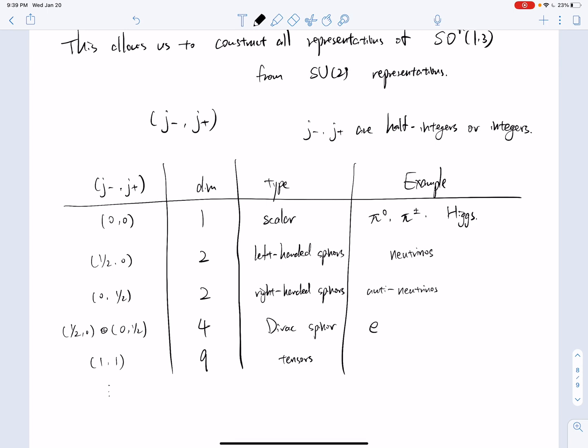We deal with them every day: electrons, positrons, protons, and neutrons are all Dirac spinors, and they're expressed by a four-dimensional vector. And that is why when you study relativistic quantum mechanics, your Dirac equation is a 4x4 linear operator, your Dirac Hamiltonian. And for the tensors, one example is the graviton.